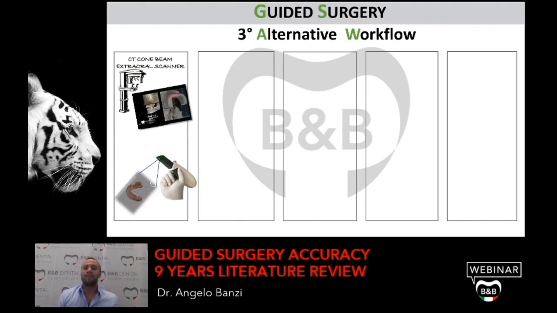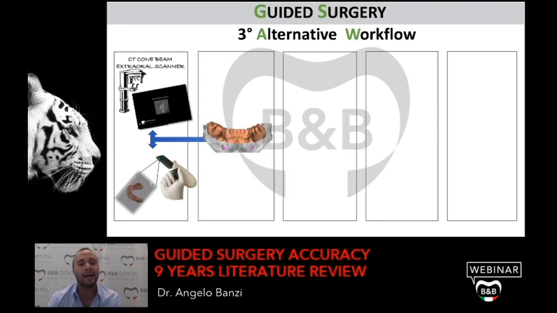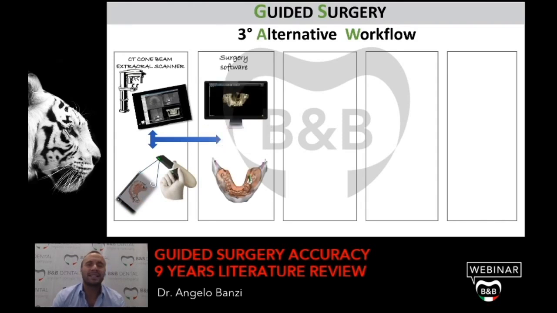This virtual impression is going to be matched with the DICOM file coming from the CT combine. This is the final imaging that we are going to have, and the rest is always the same.